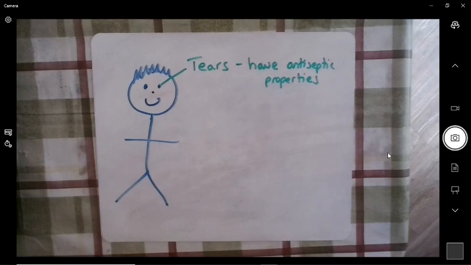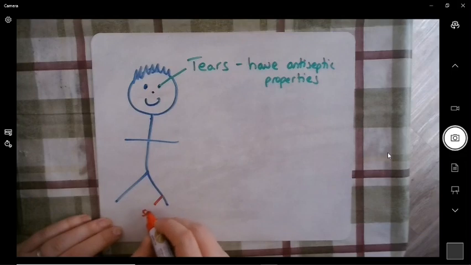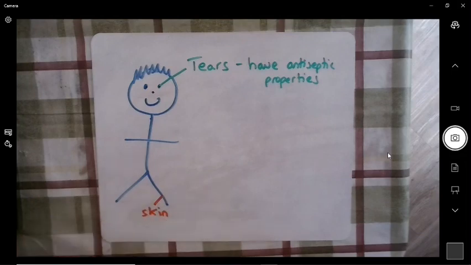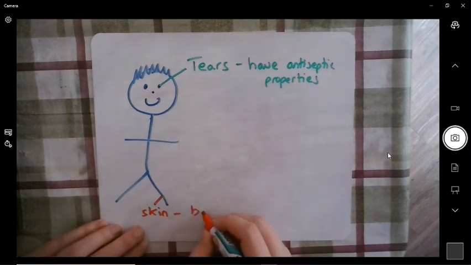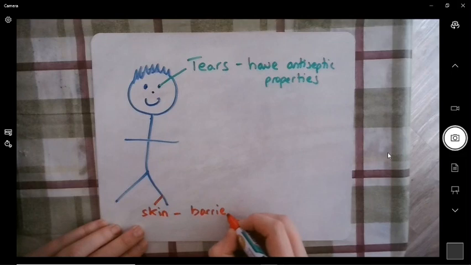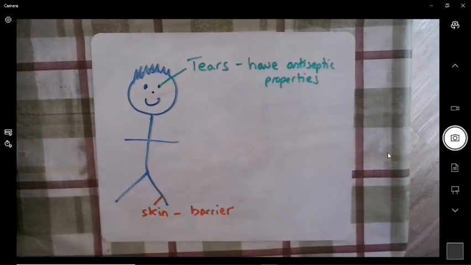Next I'm going to label skin. I'm going to do that at his leg to give me a little bit of room. So skin. With skin, it is a barrier. That's the key word. A barrier to block, to stop pathogens entering.